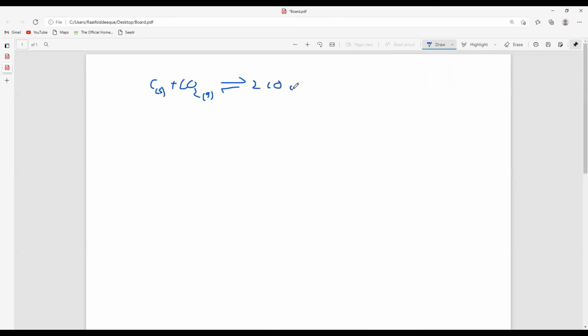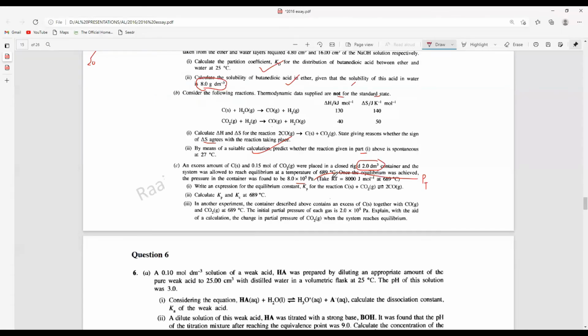Okay, so this is going to give 2CO gas. You have been given RT value, take it as 8000 joules. Temperature is given, total pressure is given. So write an expression for the equilibrium constant Kp.